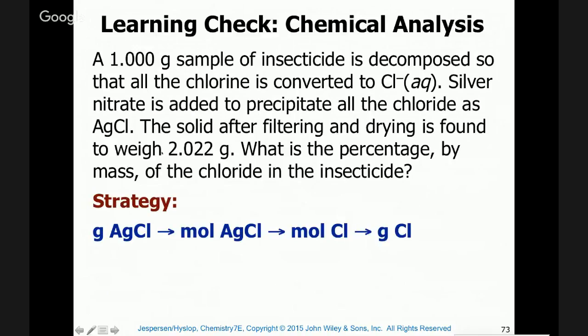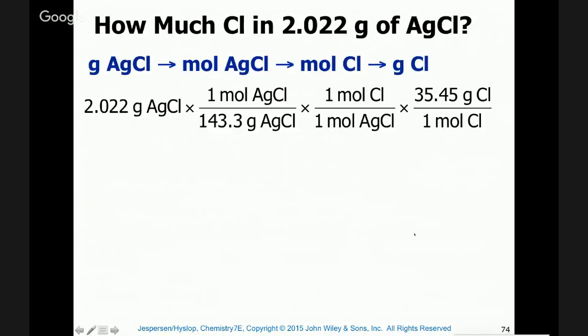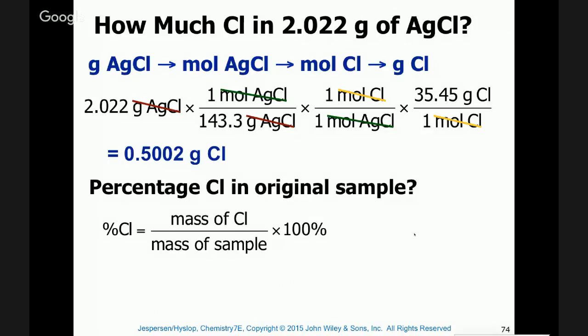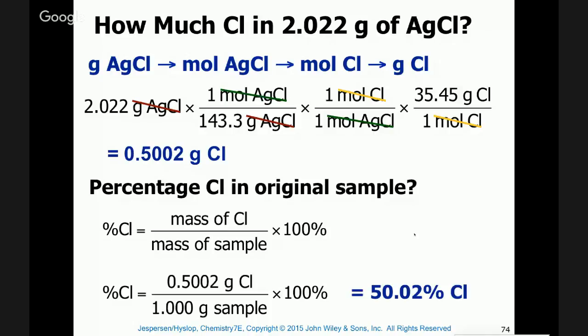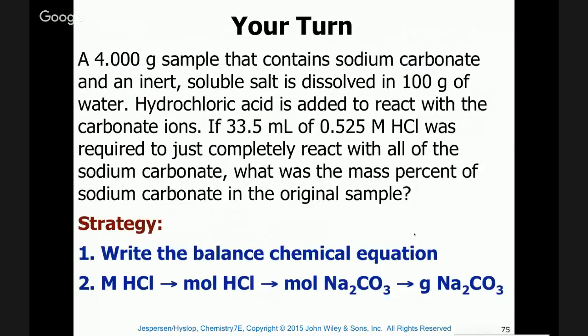Strategy is going from grams of silver chloride to grams of chlorine. Grams of chlorine, yeah. We can break that down, figure out our percentage. Write the balanced equation.